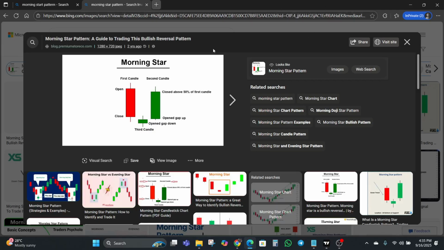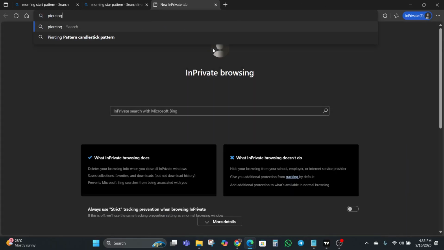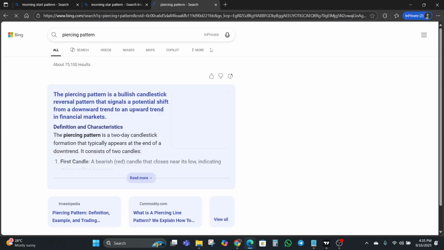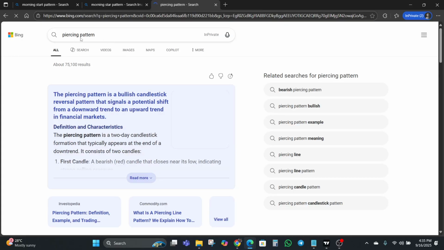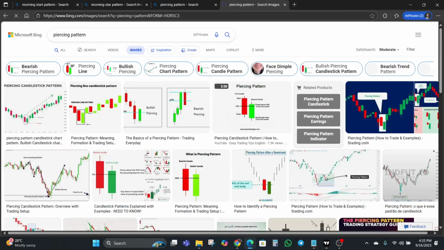Then we have the piercing pattern. This is a two-candle formation that appears in a downtrend.